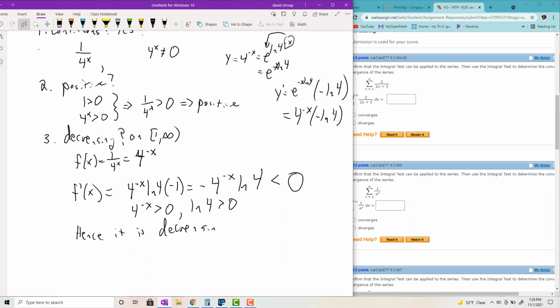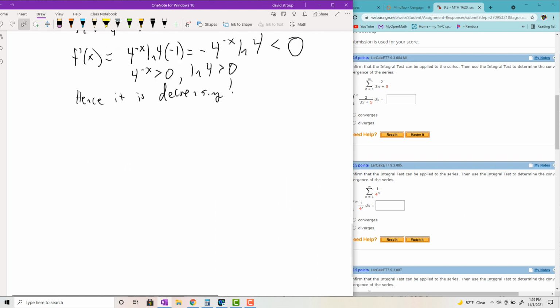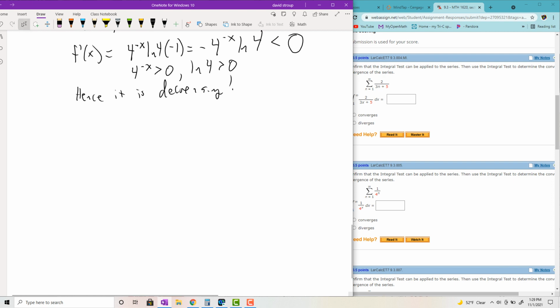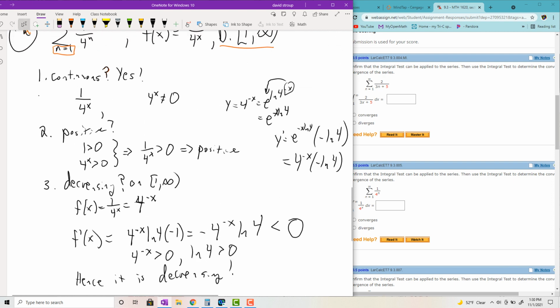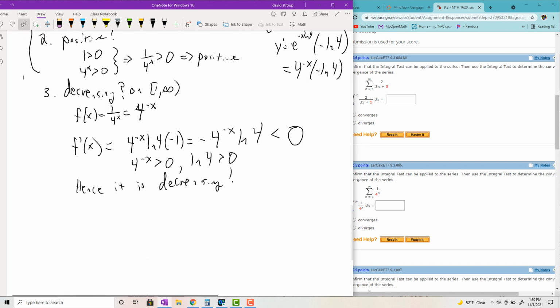And so therefore we have all three criteria holding, and we can apply the integral test. You could wave your hand about these and just write yes, but on the test I would definitely need to see this derivative part, the third part.